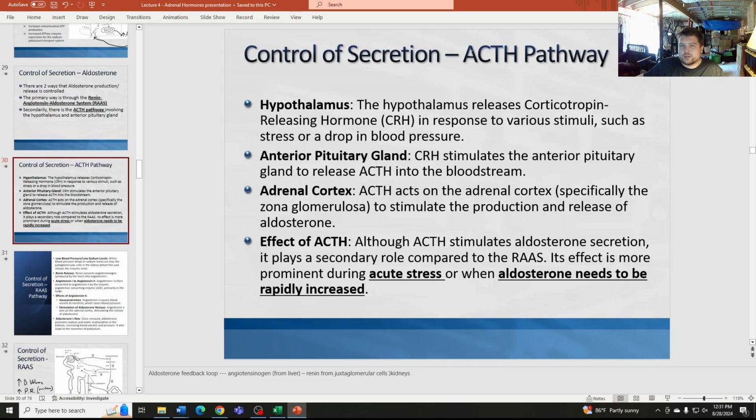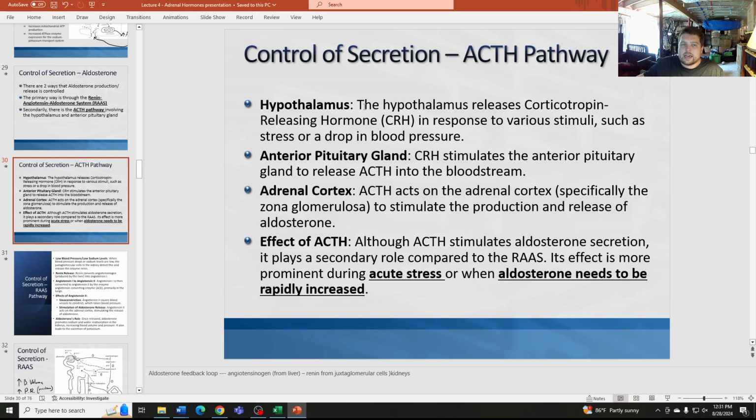We're going to start with the ACTH pathway, the adrenocorticotropic hormone pathway. It starts in the hypothalamus. Remember, in the hypothalamus, we have those osmolarity receptors. We're constantly checking the blood to see what the concentrations are, whether we need more or less of any of the different components.